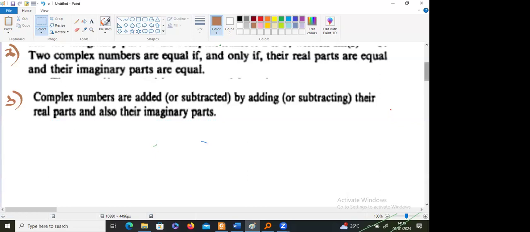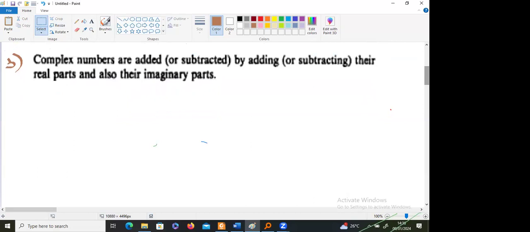If I gave you two complex numbers to add, let me give a very simple one. You have 2 plus 3i, that is one complex number, and to this you add another complex number, -1 plus 2i.